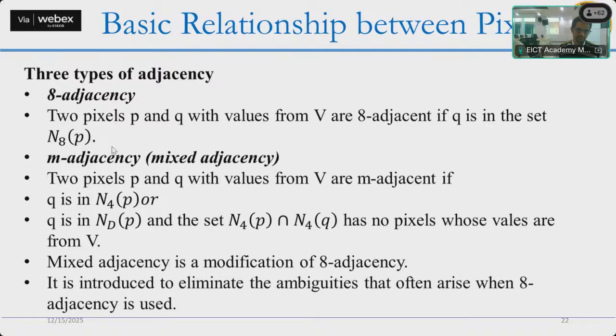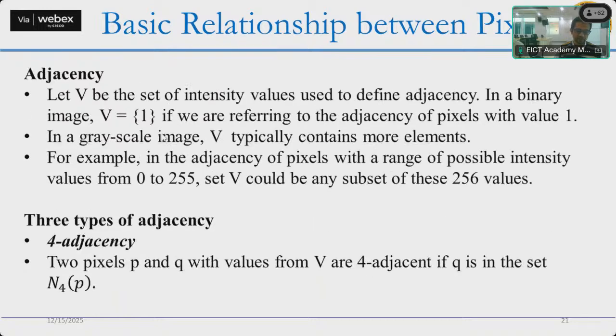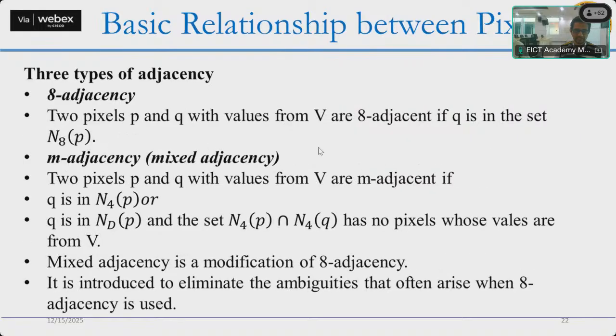It can be in between also. So that value we are saying is M adjacent. It is basically a pair: 8 plus 1, that is 9. Earlier, it is 4 plus 1, that is equal to 5.